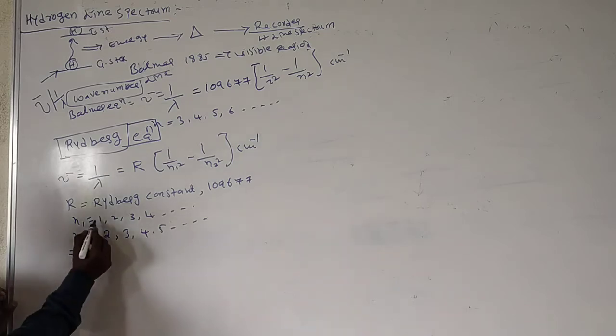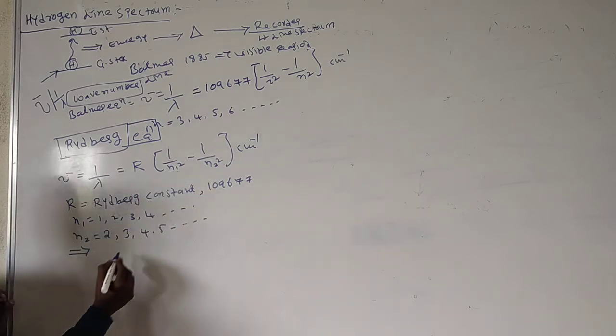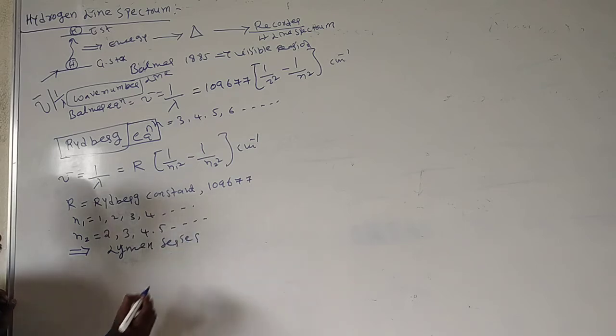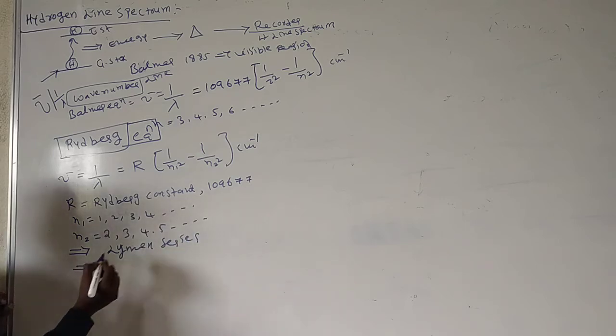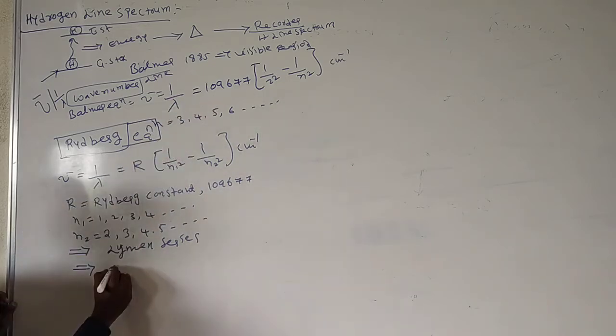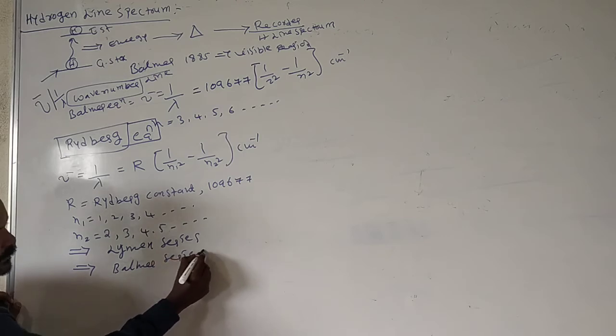First, if we apply 1 here, we get the Lyman series. If we apply 2, that means the Balmer series of lines.